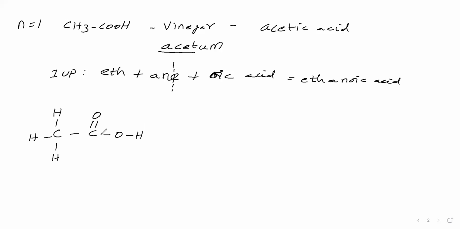Next, for this acetic acid, is there any isomer? That we will see. For that, let us interchange two things: one is this H, another is this CH3. Let us bring this H to this place, and take this CH3 to this place.